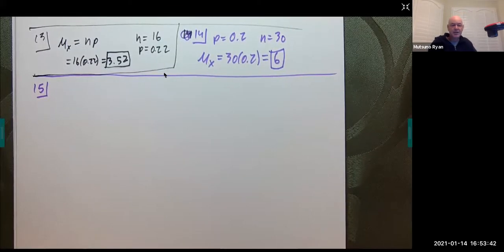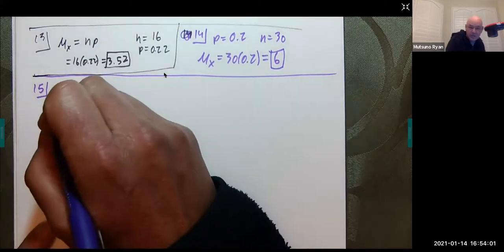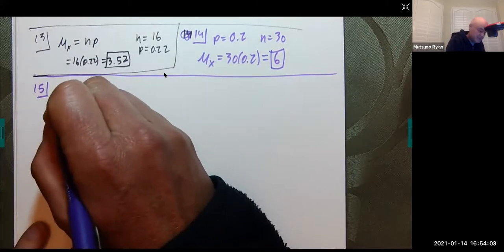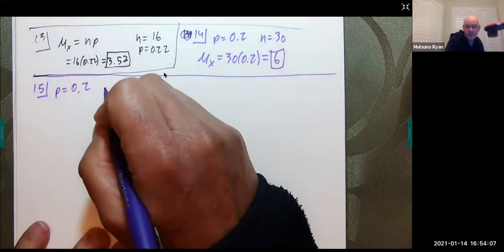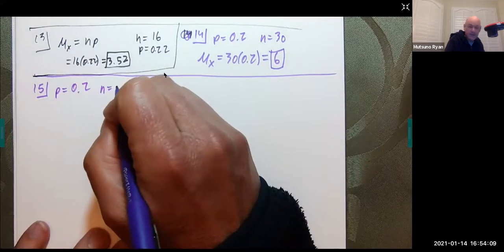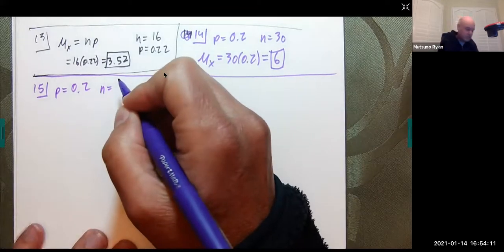15. In a certain town, 20% of voters are in favor of a given ballot measure and 80% are opposed. For groups of 120 voters, find the mean for the number who oppose the measure. So they give us 20% here, and we need to only use the one that's for the opposed. So P in this case is 0.2, that's 20%. And N in this case is 120.